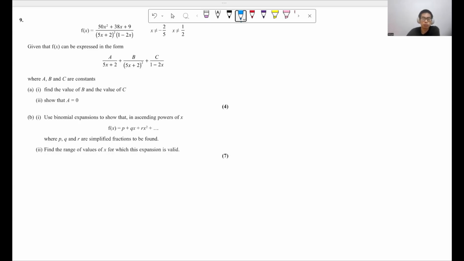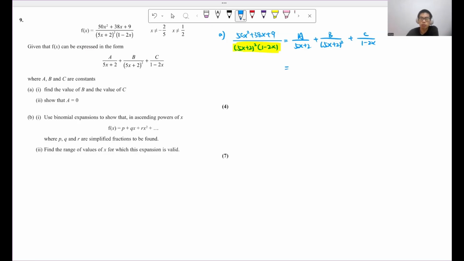So part A, we have (50x squared plus 38x plus 9) over ((5x plus 2) squared times (1 minus 2x)), and that is equal to a over (5x plus 2), plus b over (5x plus 2) squared, plus c over (1 minus 2x). If we want to compare them, we need to make sure the denominator is the same. So we need to make the denominator into this for the right-hand side.